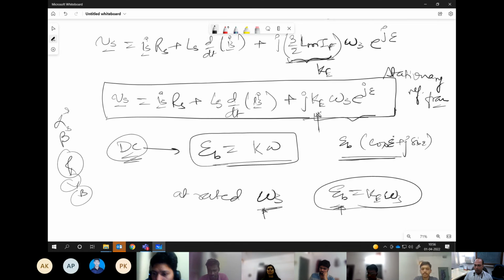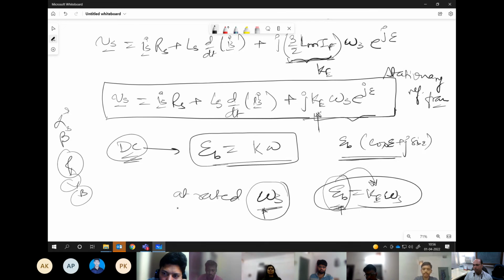Yes, sir. So if you read the data sheet of any PMSM, it says that if you rotate the motor without giving any stator excitation, at a particular speed, you will find a particular magnitude of voltage. So they are somehow giving information about Ke. That's what I'm trying to say.